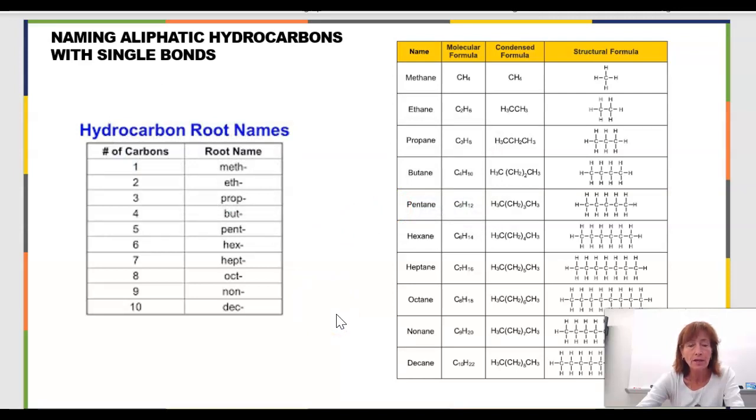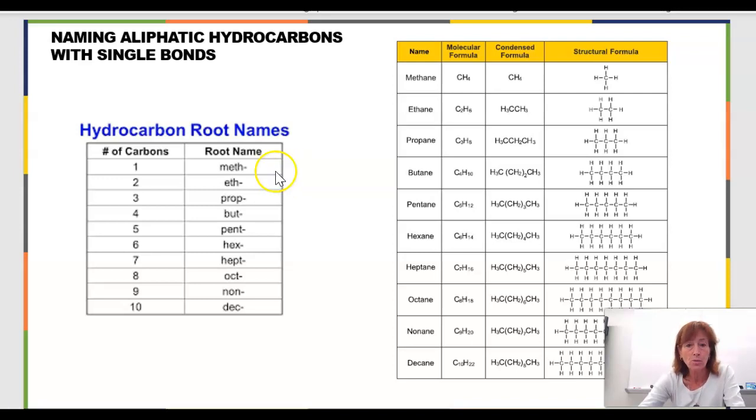When we look at hydrocarbons, there are some naming rules which make it simple, in the sense that if you understand how many carbons there are within the structure, then you can pretty well name it, provided that you also know whether it has just single bonds or double bonds, etc. So we'll learn this. Let's take a look first at the root names.